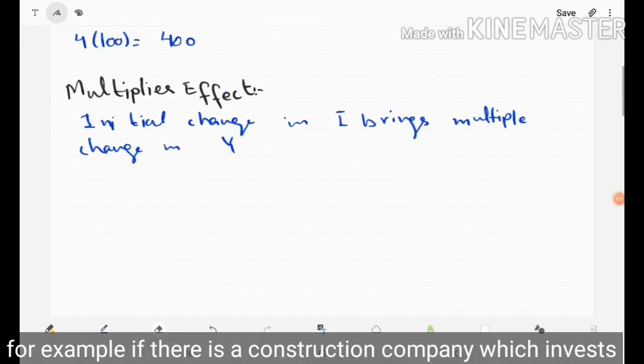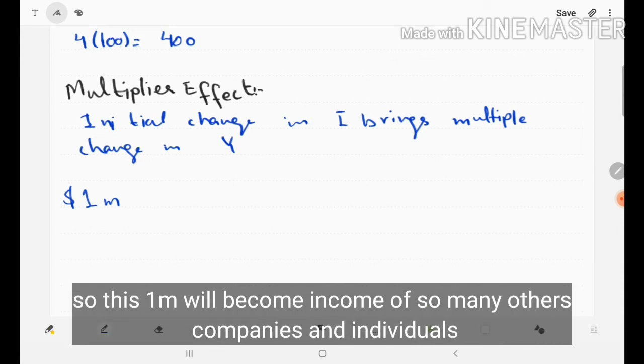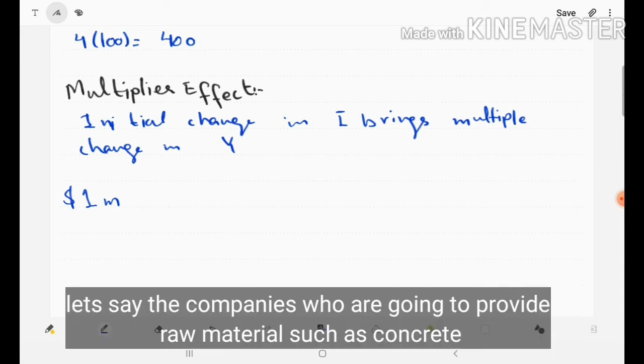For example, if a construction company invests $1 million in the construction of a building, this 1 million will become income of many other companies and individuals.